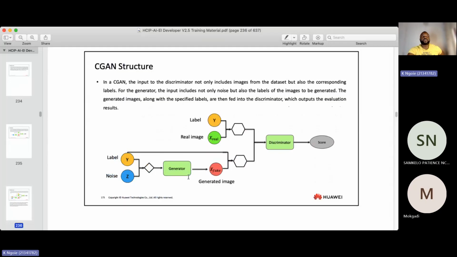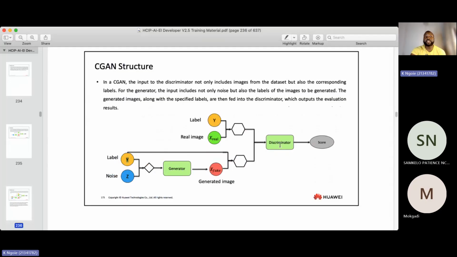The generator will then generate an image that should match the condition Y. For example, if Y is equal to cat, the generator tries to create a cat image. That's the condition that was given.